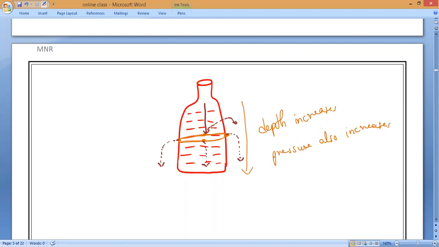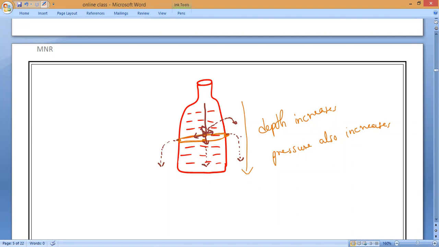Very good. How many of you say same? Yes, sir. So all of you should remember, at a given depth, the pressure exerted by any liquid or fluid is uniformly distributed in all directions.